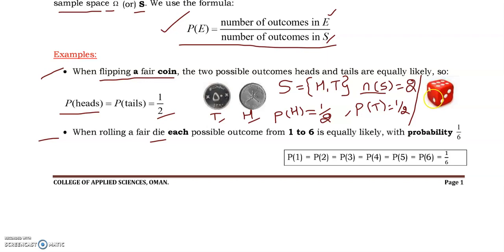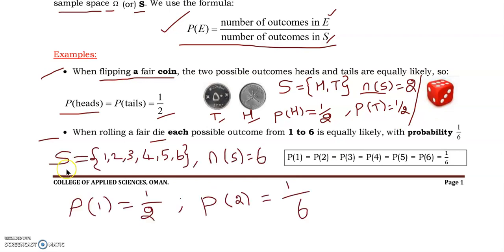In this face 2 dots, in this face 3 dots, in this face 6 dots. In the remaining faces we have 1 dot, 4 dots and 5 dots. This is called a cube.